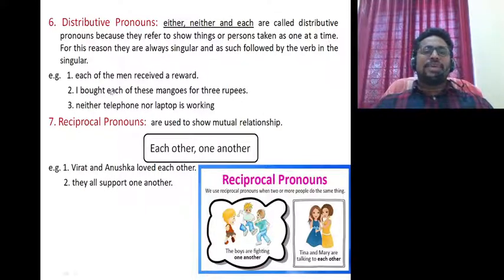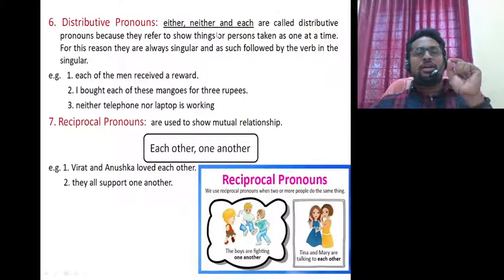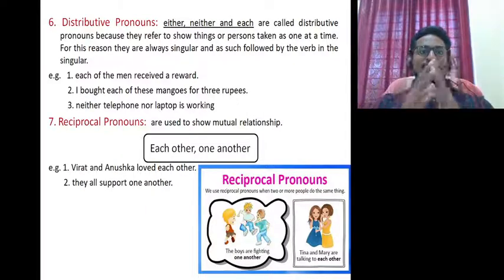We are using either, neither, and each to show things or persons taken one at a time. We are considering them one at a time. So because of this reason, these pronouns have to be followed by singular verbs always in a sentence. Each of the men received a reward.